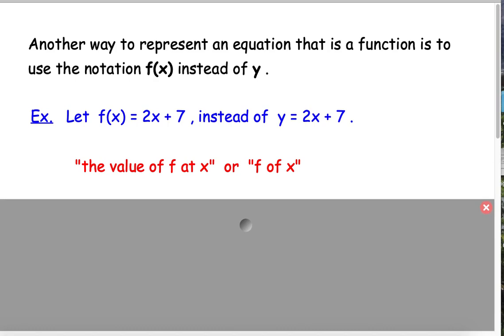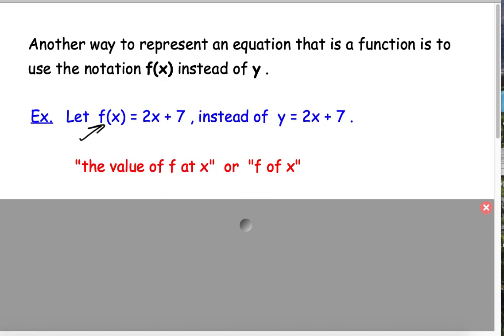So the value of f at x, or f of x, and a lot of times you'll see this used more when people are describing this notation than saying the value of f at x. But I like this because it explains what this notation means instead of just saying f of x.